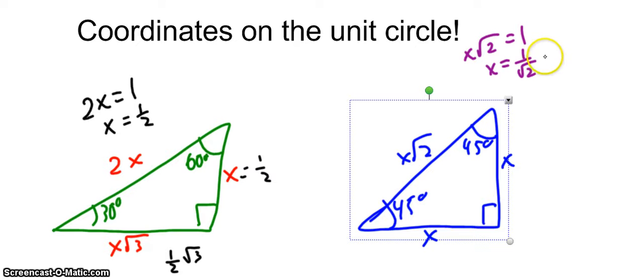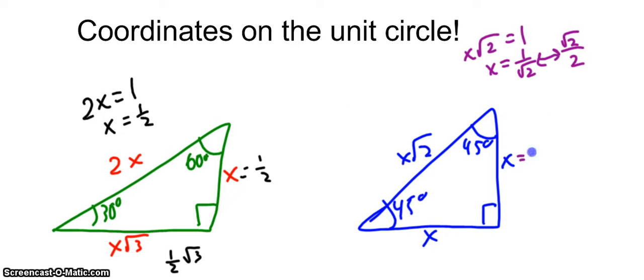Or, we have also seen, remember, that this is the same as root 2 over 2. Now, I mentioned the other day, it is not important that you rationalize. However, I would emphasize that especially with the unit circle, a lot of times we see these things rationalized. So I'm going to write it in the root 2 over 2 form. But I know x is root 2 over 2. So this side is root 2 over 2. This side is root 2 over 2.